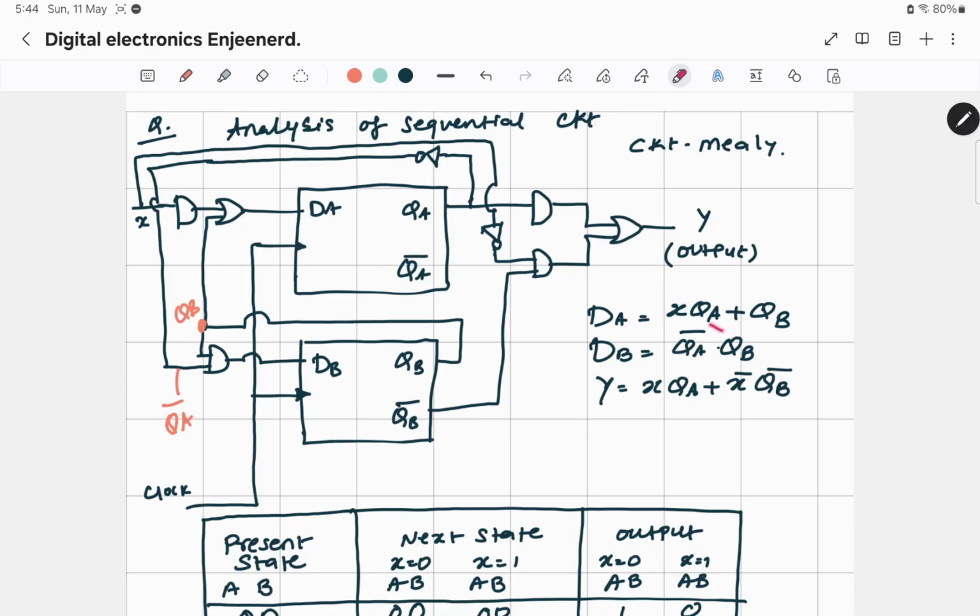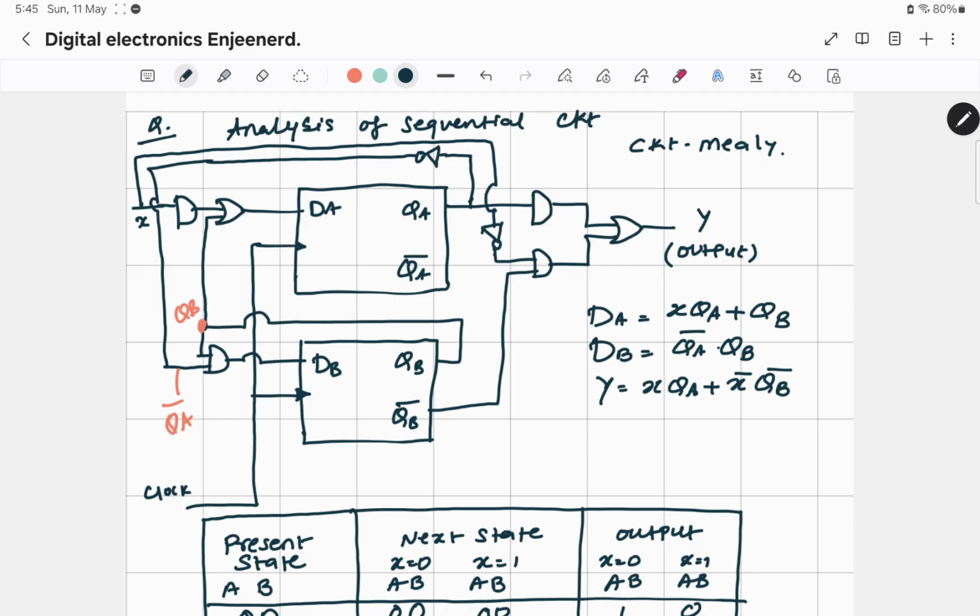QA bar into QB is my dB, and here I have QB. This is QB addition of x into QA.